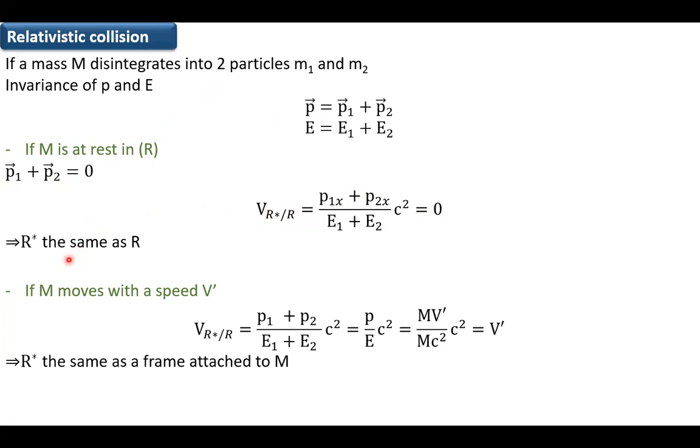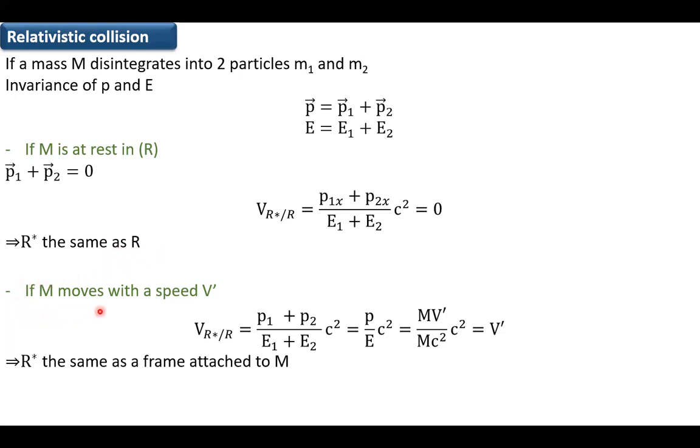In this particular case, R star is the same as R, so you don't have two different frames. R star is the same as your rest frame, your lab frame, where you are putting your detectors.